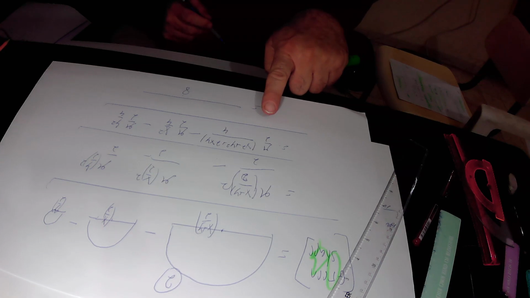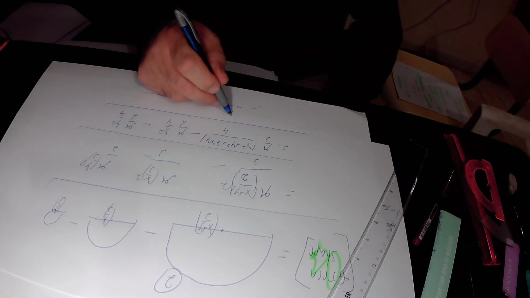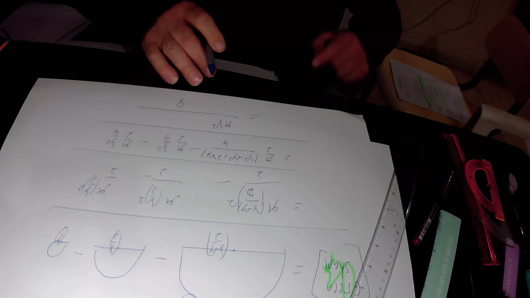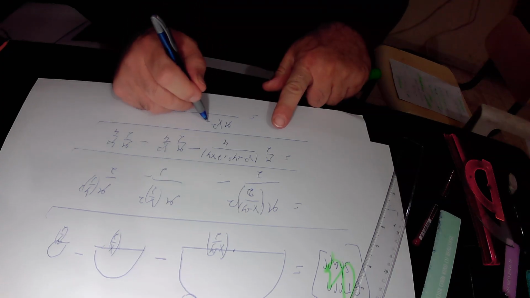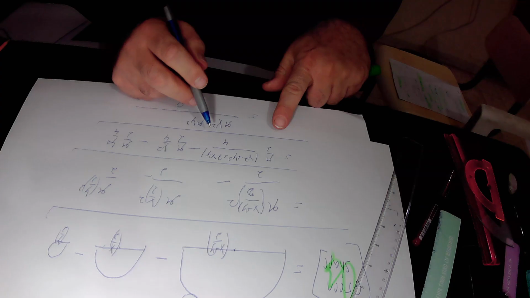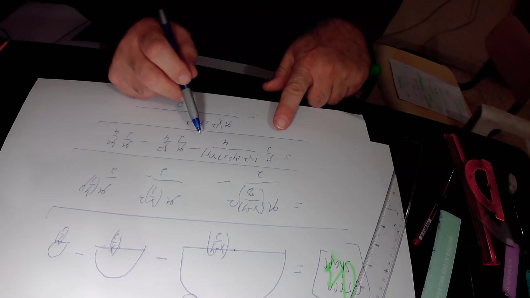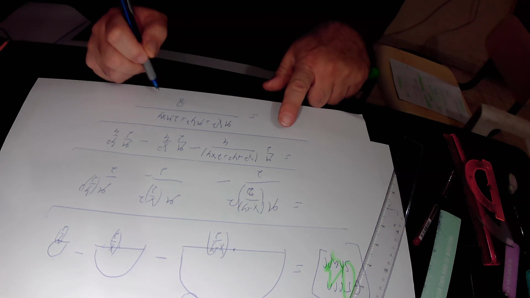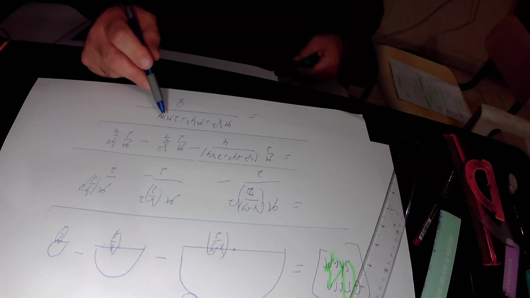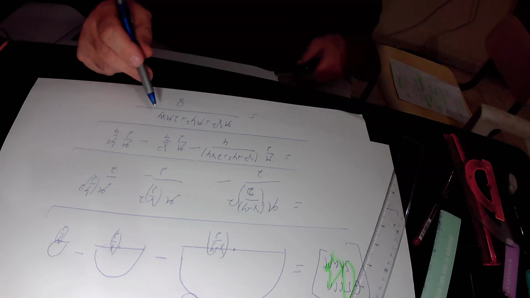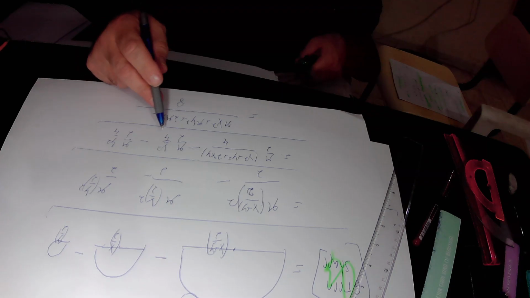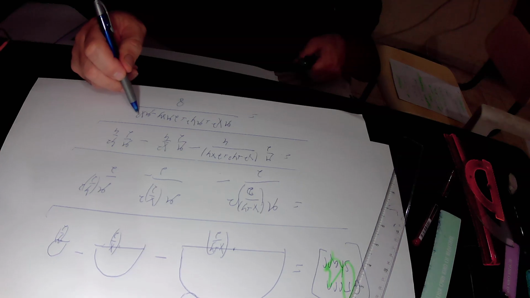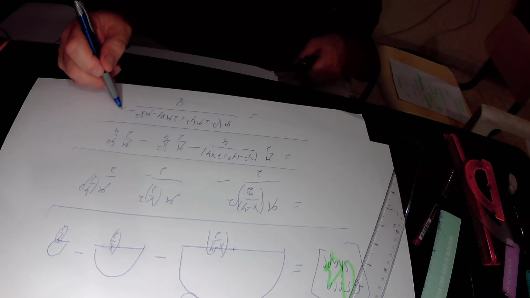So pi times x squared is pi x squared. Pi times y squared is pi y squared. Plus pi times 2xy is 2 pi xy. And we have minus pi times x squared, that is minus pi x squared. We have minus pi times y squared, that is minus pi y squared.